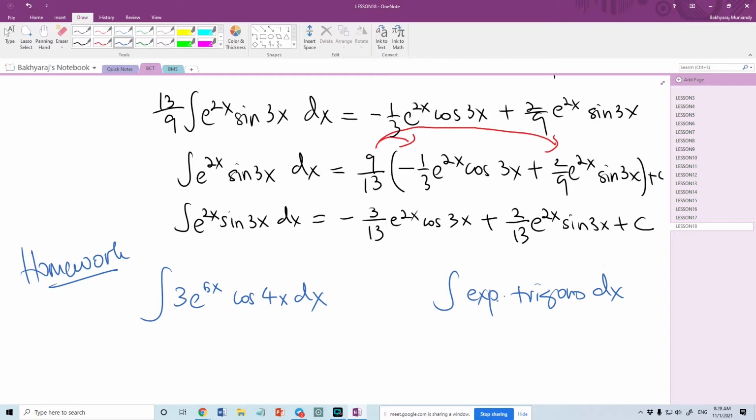Okay, so I think we have completed the partial fraction lah. So this exercise you try to do, we can discuss. Okay, maybe in the next lesson we see how.